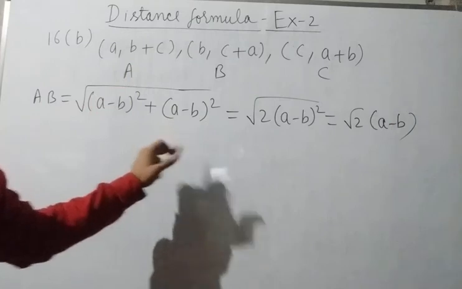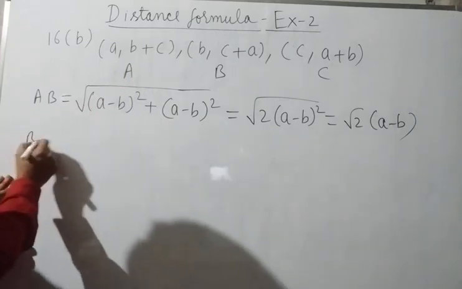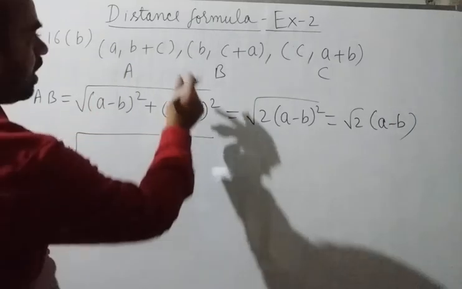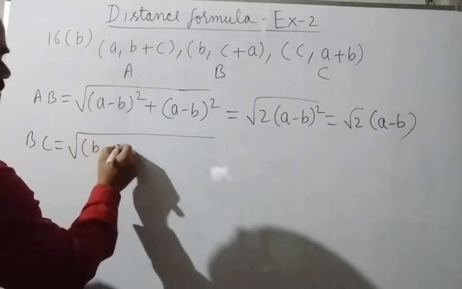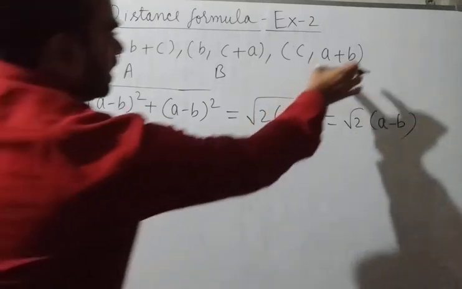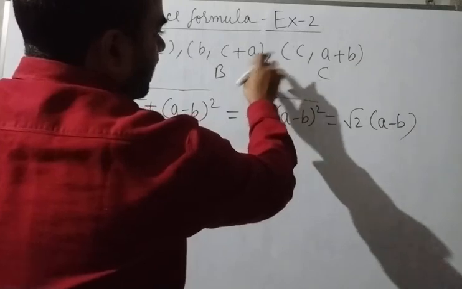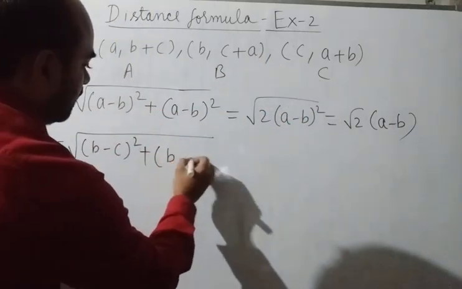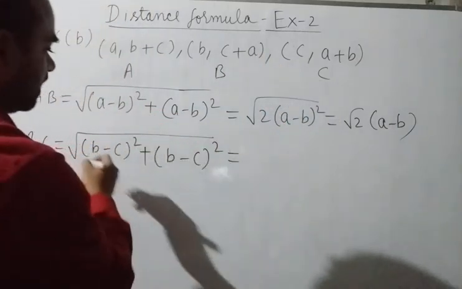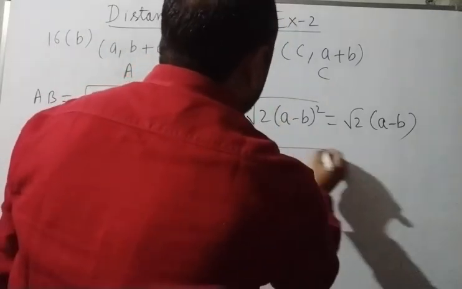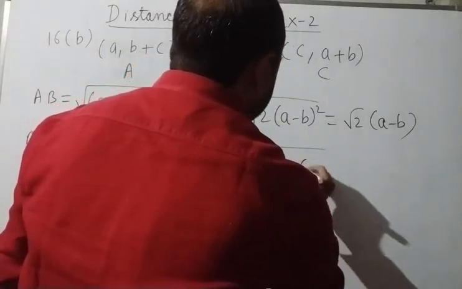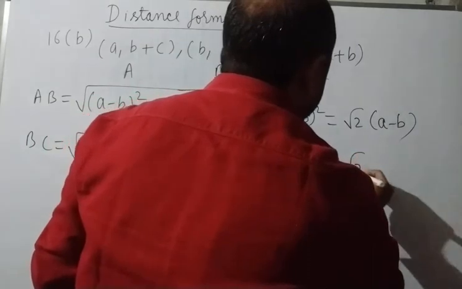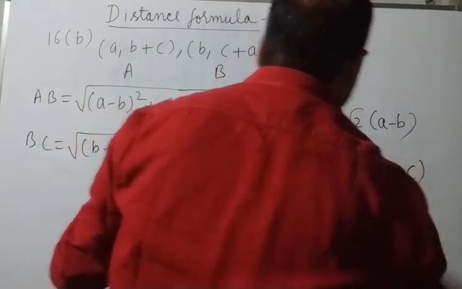What is left? A minus B. So that will give 2 times (A minus B) whole square, so this is root 2 (A minus B). Next, BC: this will give (B minus C) whole square plus (A plus B minus C minus A). A cancelled. What is left? (B minus C) whole square. So finally this will also come root 2 (B minus C).